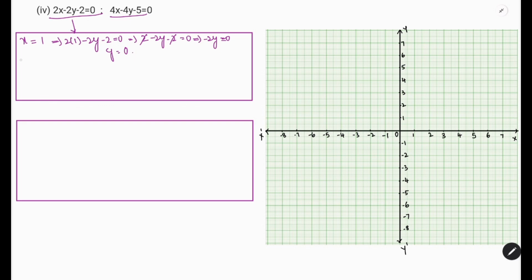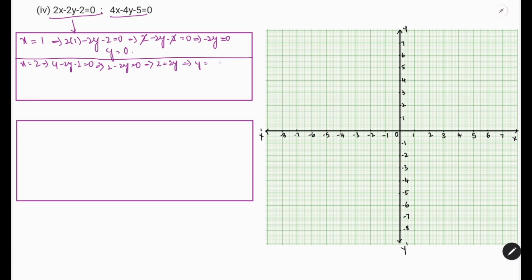Okay, here if x equal to 2, so 2 into 2 is 4, minus 2y minus 2 equal to 0. Here 4 minus 2 is 2, minus 2y equal to 0. If you take 2y to the right side, it is 2 equal to 2y.